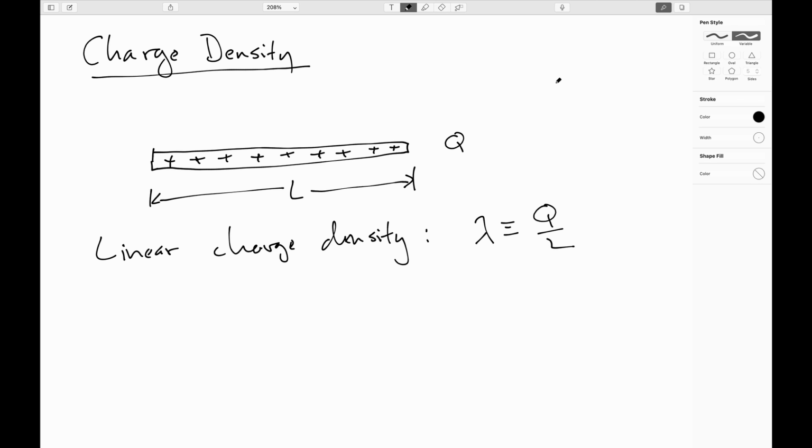This is a lowercase Greek lambda. Yeah, it's the same one you use for wavelength, but we're running out of letters. So you'd make it like that.